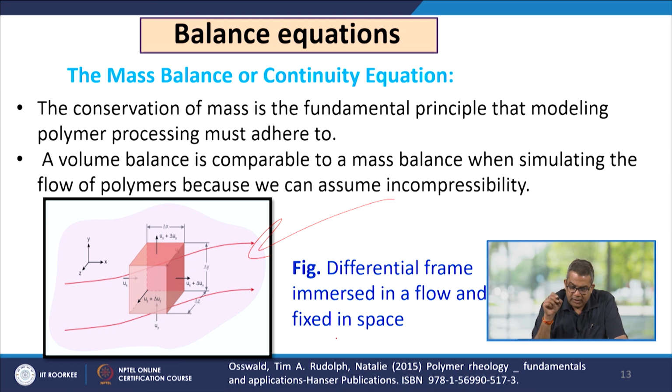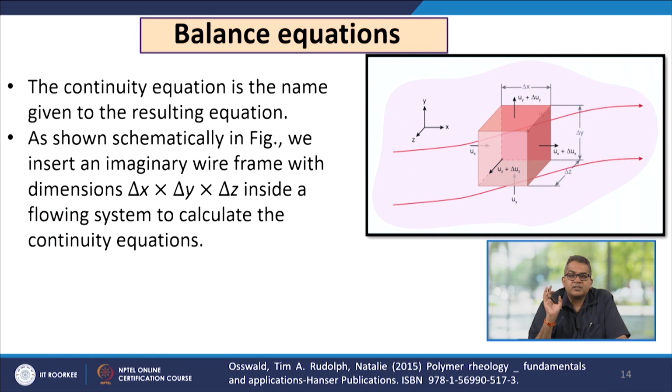Now, this is the figure where the differential frame is immersed in the flow and fixed in space. The continuity equation is the name given to the resulting equation. Now, if we see this particular figure, we insert an imaginary wire frame with the dimensions of delta x into delta y into delta z inside a flowing system to calculate the continuity equation.